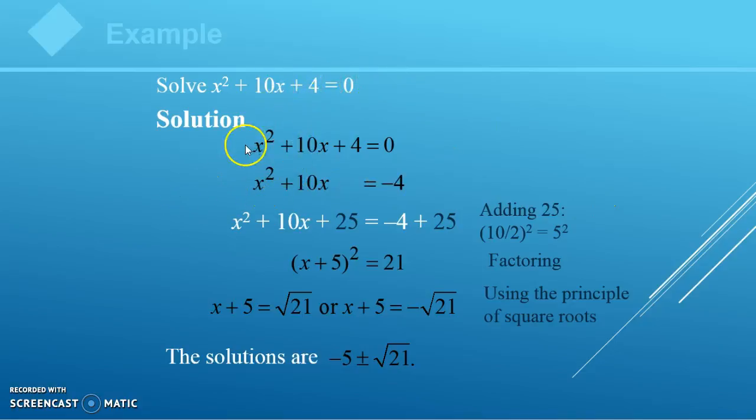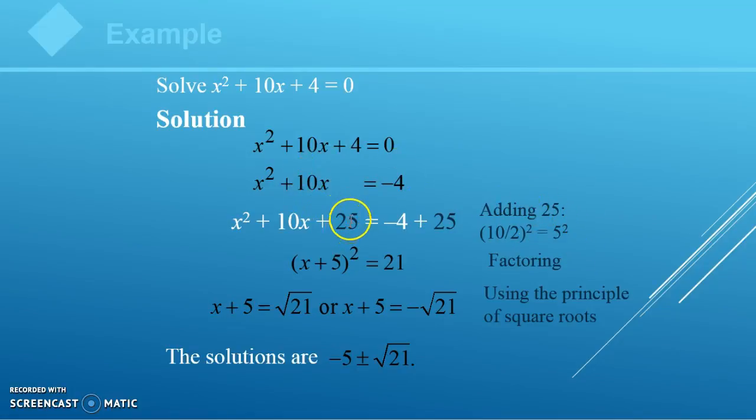So this is an example of how to do that. The first step that they did was to move that 4 to the other side. So subtract 4. That's how we got it over here. Then we're going to take the coefficient of the x. So that's the 10. We're going to take 10 divided by 2, and that's the work that they showed you over here. That's 5, and 5 squared is 25. So this is how they got that 25.